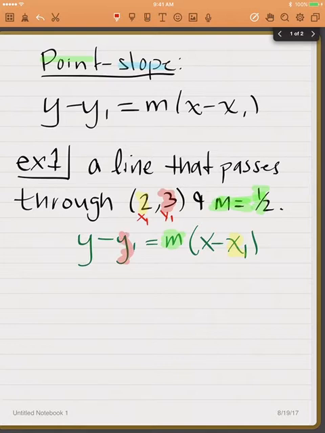So we're just going to go ahead and rewrite this again, now with our new terms plugged in. So I'm going to get y minus, so y1 is 3, equals m, which is your 1/2, parentheses x minus, and now your x1 is 2. And from there, we're going to rewrite this and get this into slope-intercept form.